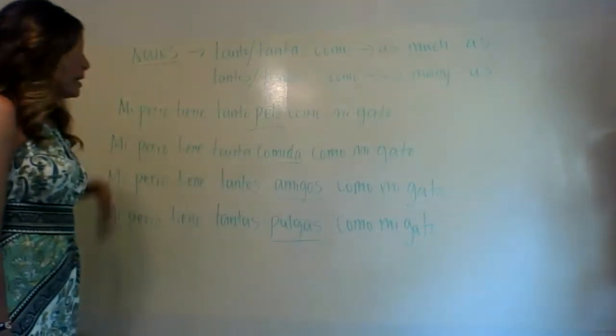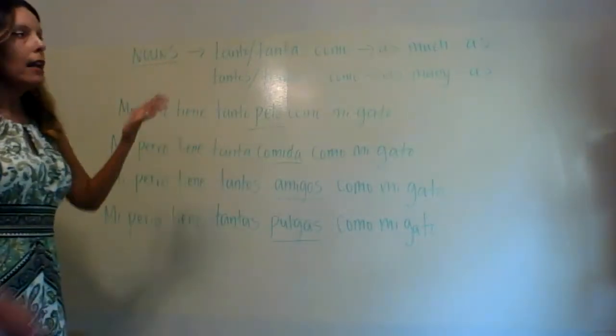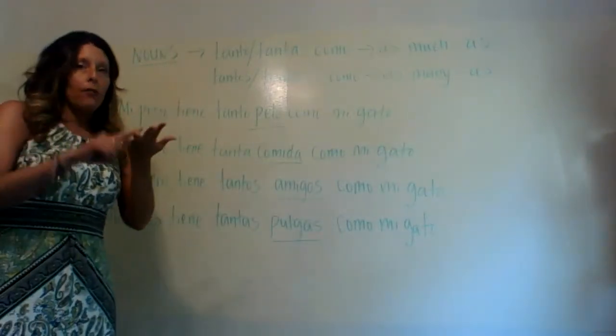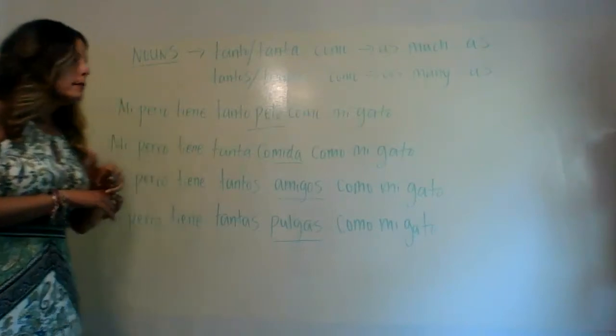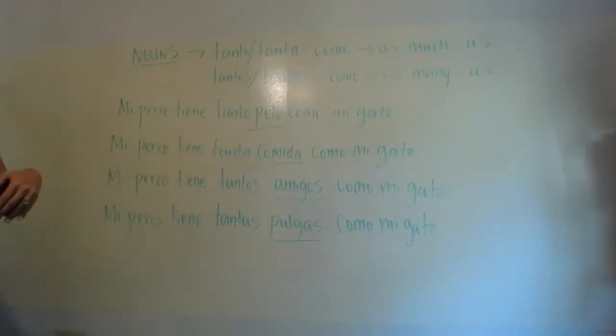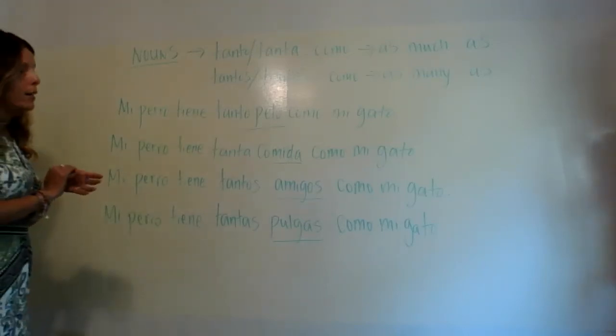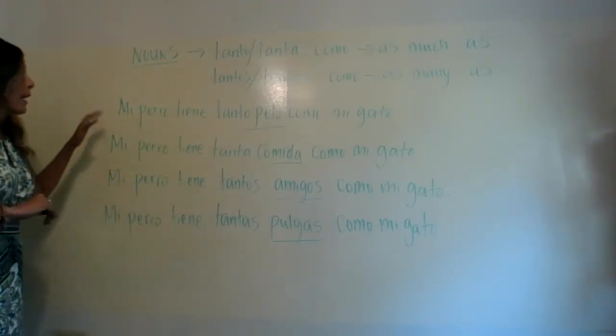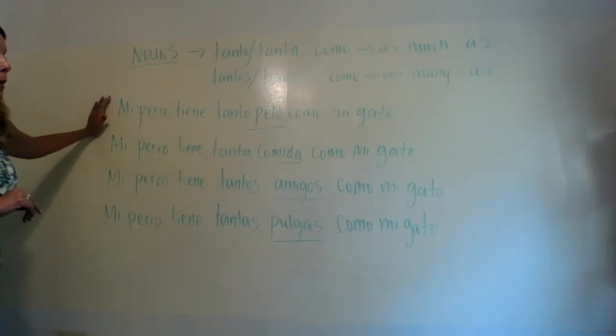So I just have 4 examples up on the board to illustrate masculine, feminine, singular, plural, and I will read them in the event that anyone can't see them very well, or if there's a glare, or whatever. So I just made all of them about my dog and my cat, and here we go.